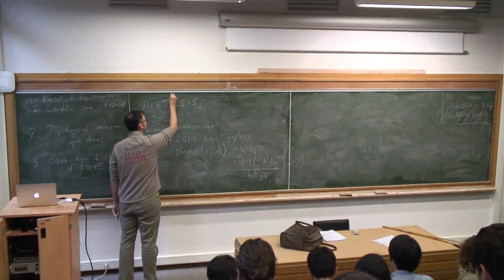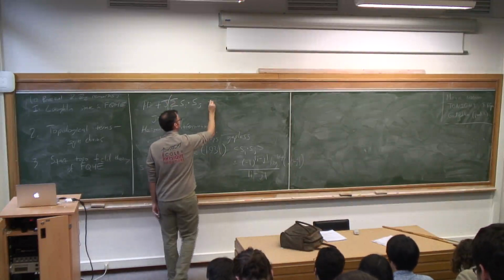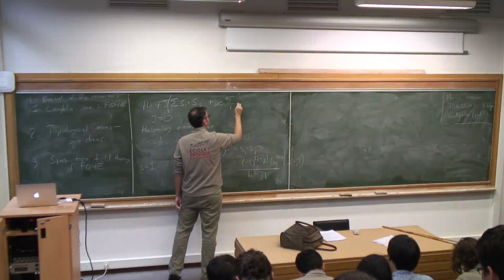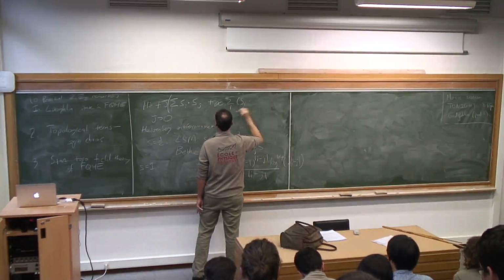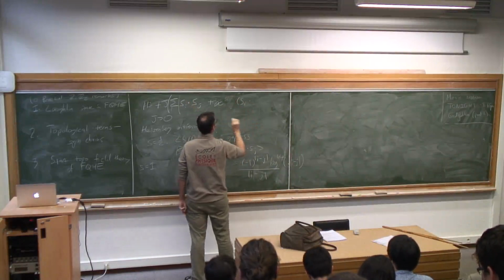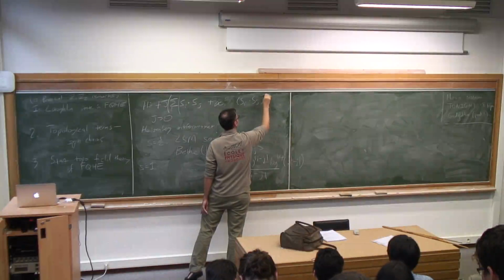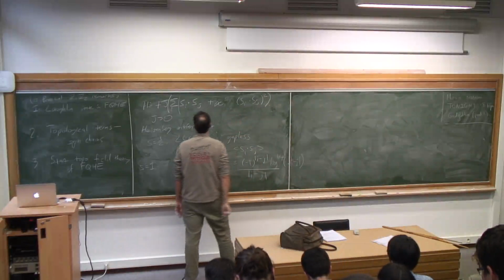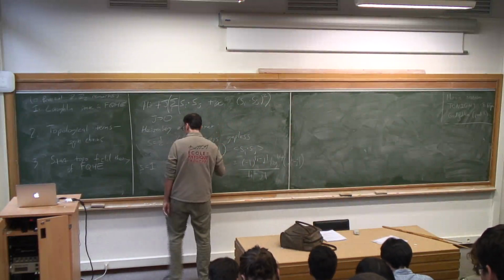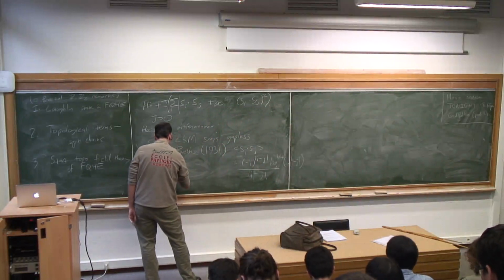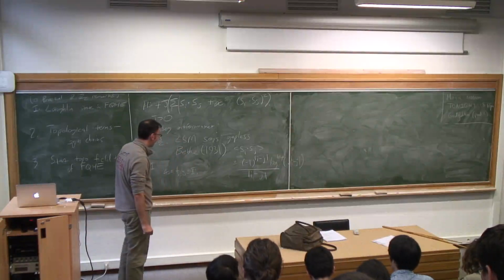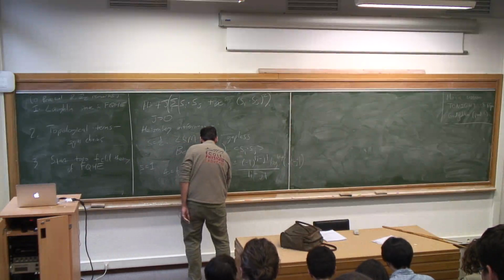Let me generalize this slightly to plus alpha sum over i of (S_i dot S_j) squared. And for a particular value of alpha equal to 1/3 and spin equal to 1, this is gapped. This is the AKLT problem that he mentioned.